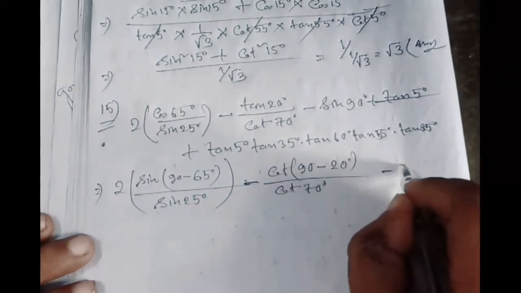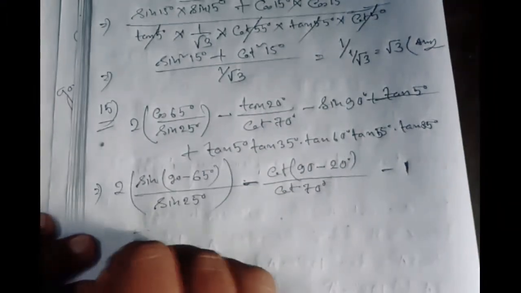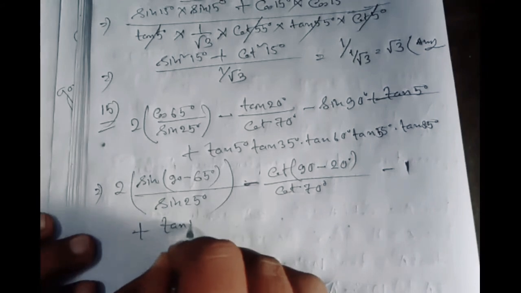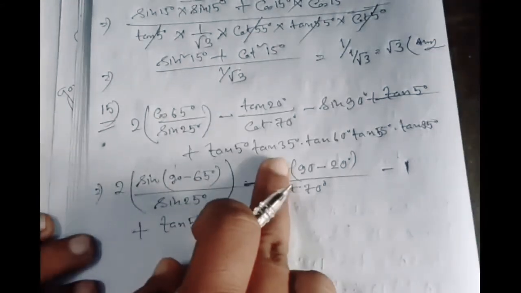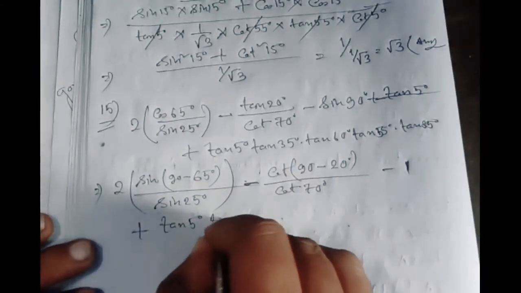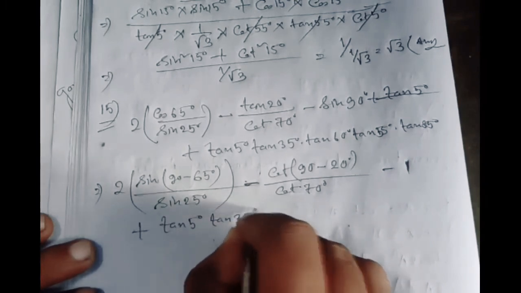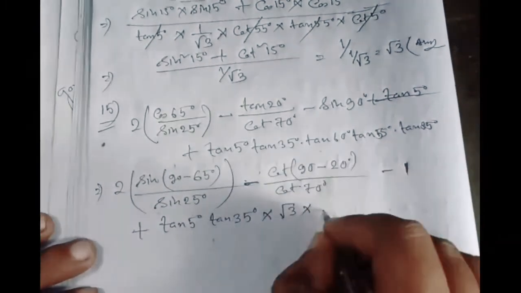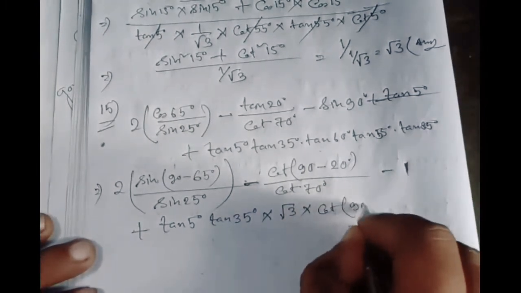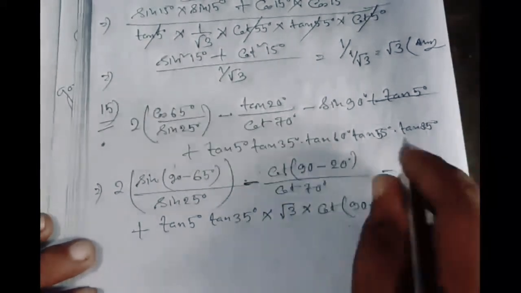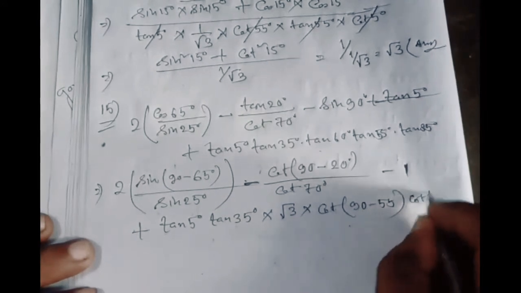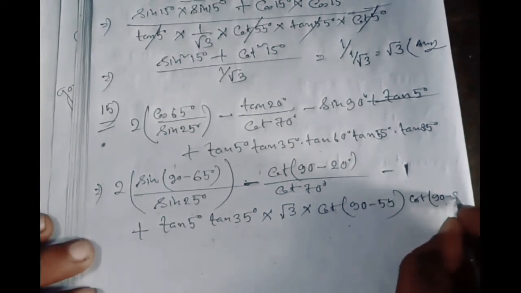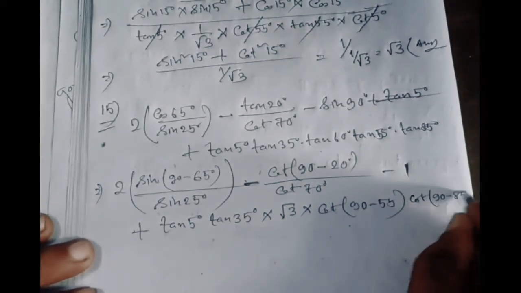The value of sin 90 is 1. Now here we have to adjust: tan 5 degree we are keeping here, tan 35 degree, tan 60 degree is root 3, into tan 55 means cot of 90 minus 55, tan 85 means cot of 90 minus 85.